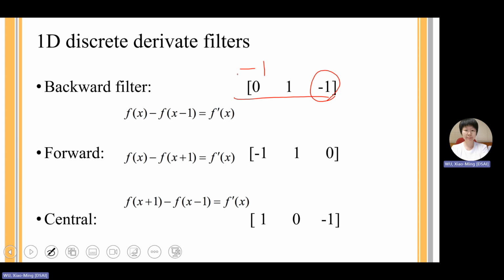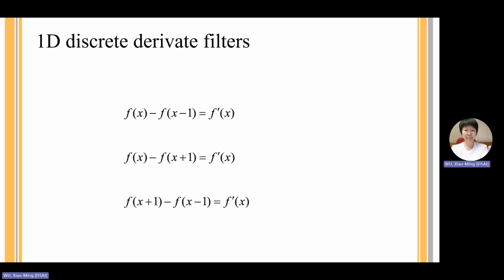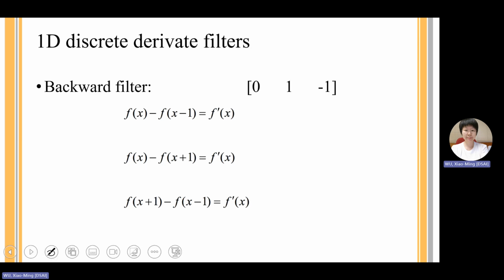When you do the calculation, you should flip the kernel, and after flipping, -1 just goes to here. So what I'm trying to say is, the backward filter should be represented in this way instead of this.